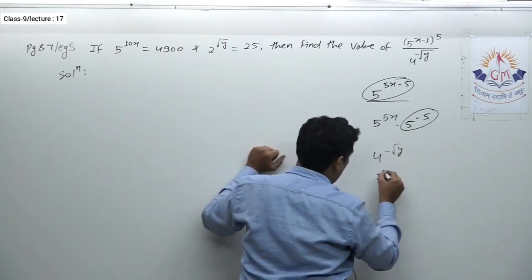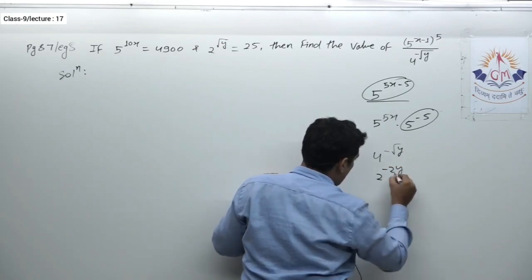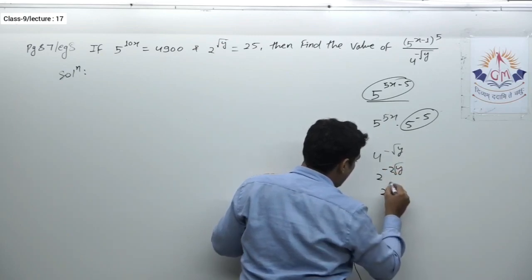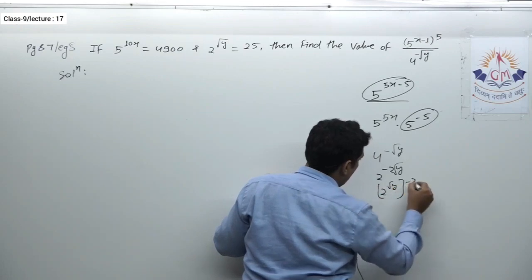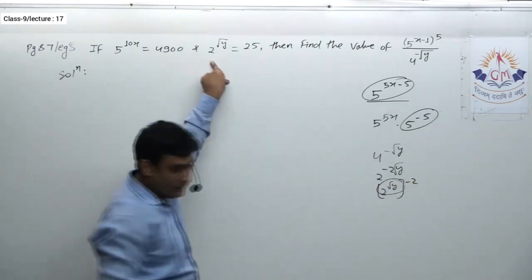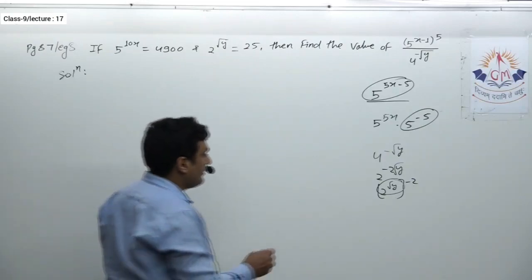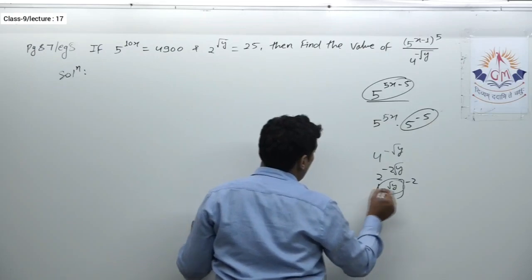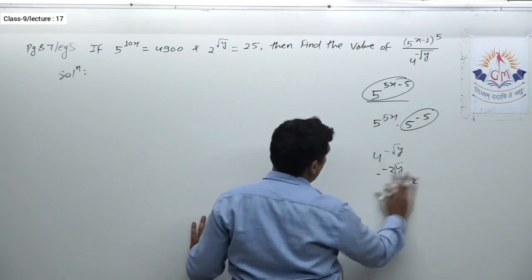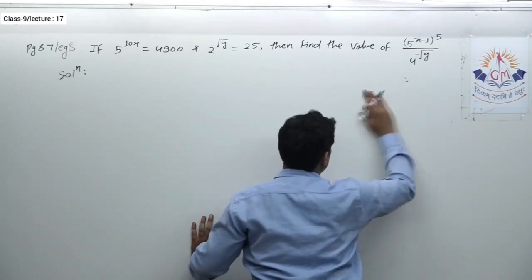This can be written as 2 squared, so 2 raised to minus 2 root y. I have the value of 2 raised to root y, it is given. So ultimately I need this. Now how to get this? Let us see.